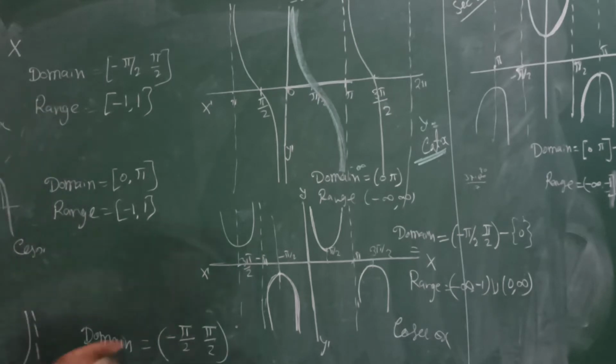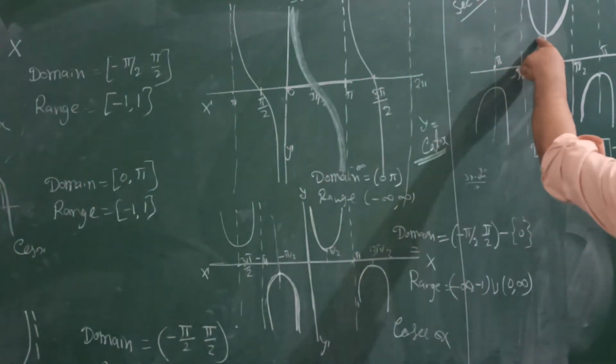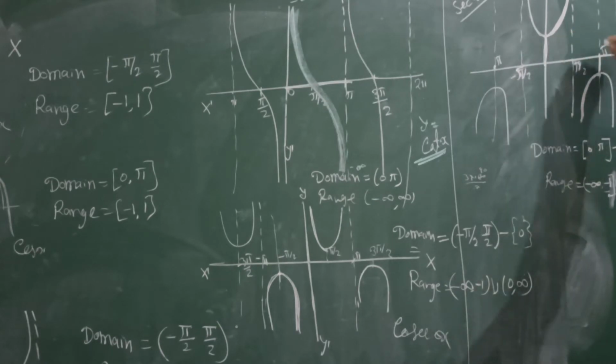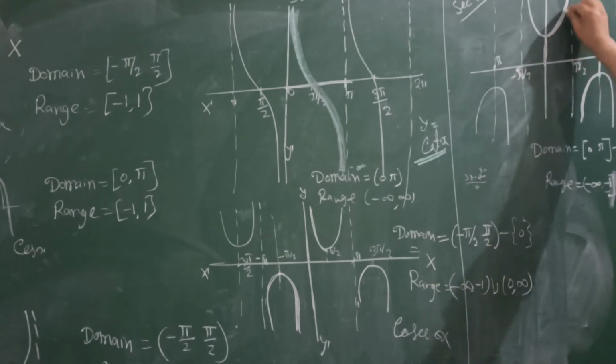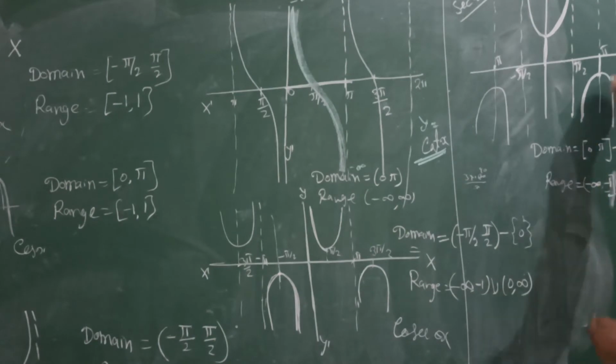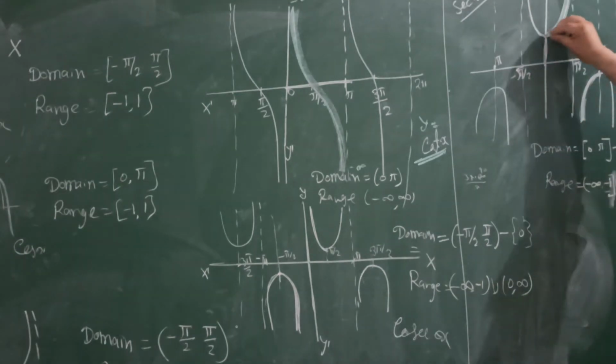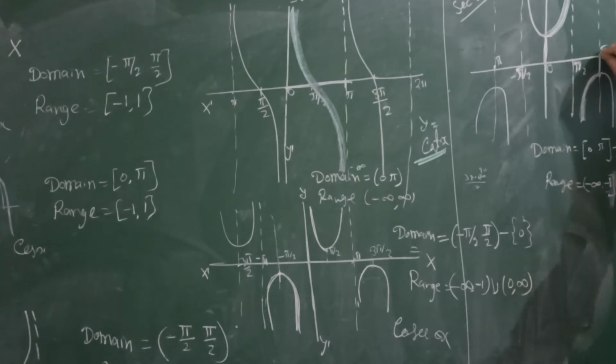Its minimum and maximum values are minus 1 and plus 1 as well, and the principal branch will be this portion, whose domain is from 0 to pi except 90 degree, because sec 90 is infinity, so sec 90 is not defined.